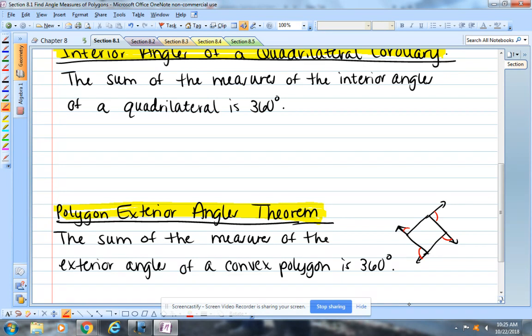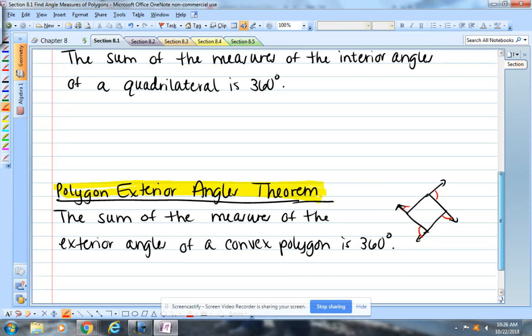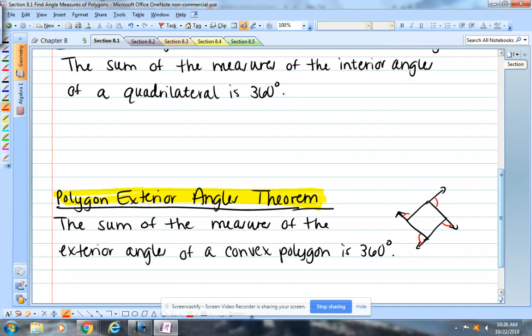So that one's not really, I'm not going to say important. It is important, but it's not one that's commonly used. It's kind of less significance to us, okay? Because we don't do a lot with exterior angles of a quadrilateral. We do a little bit with triangles, but not many with quadrilaterals.